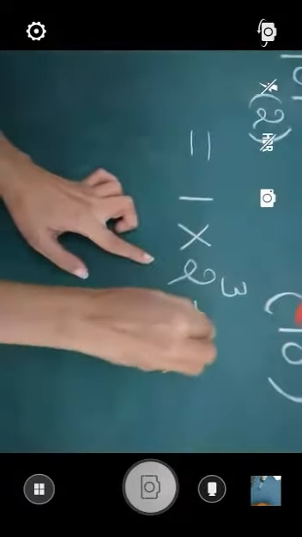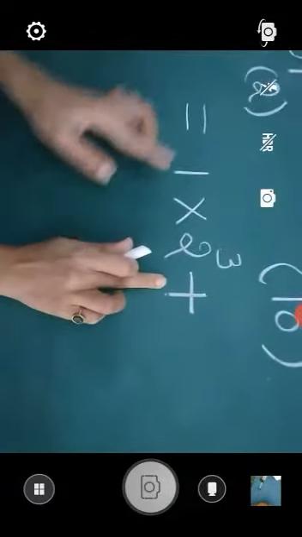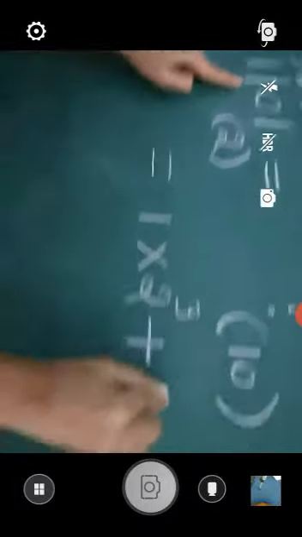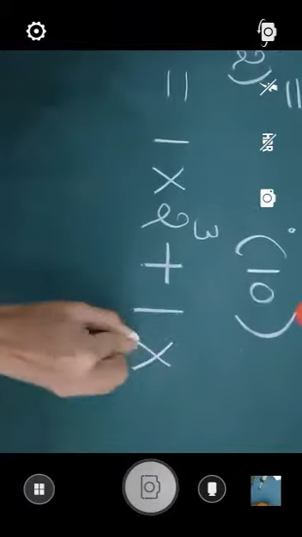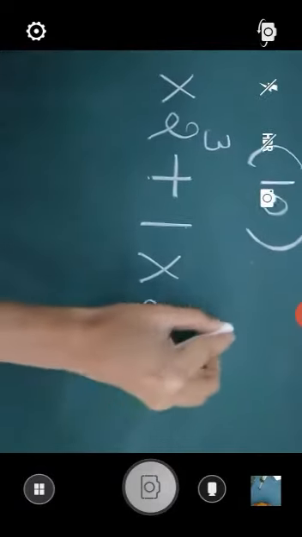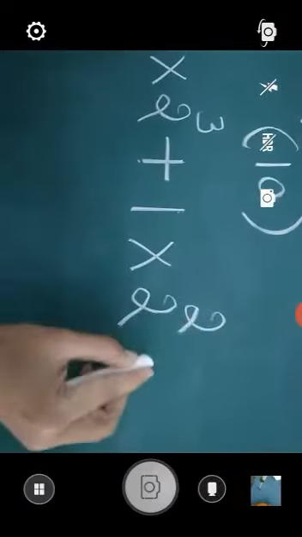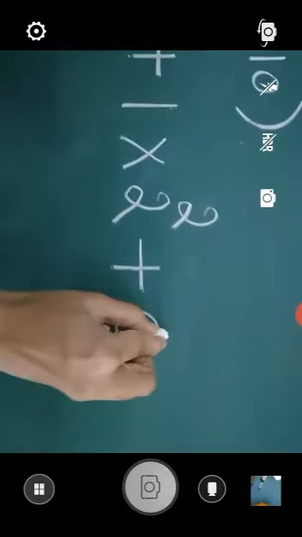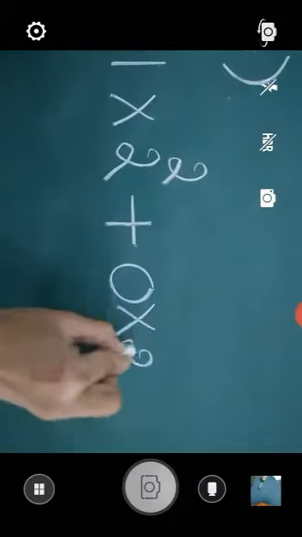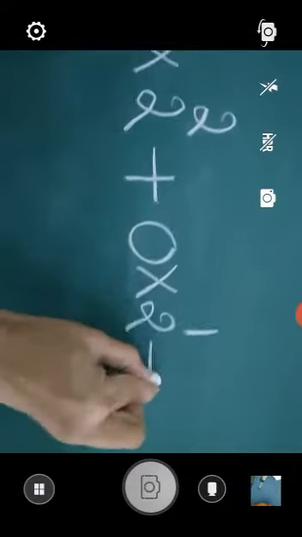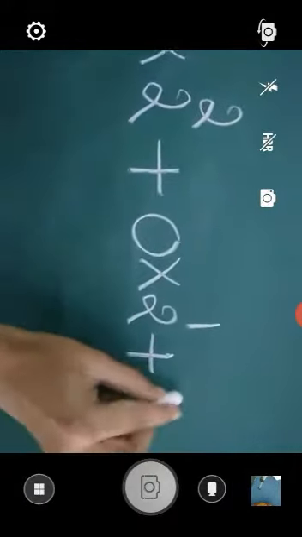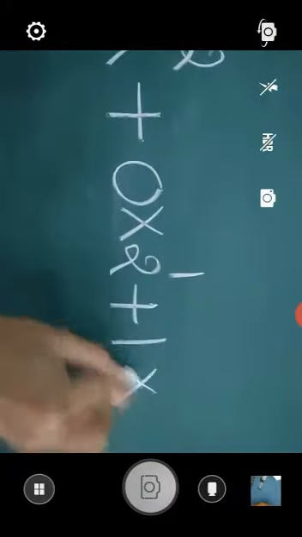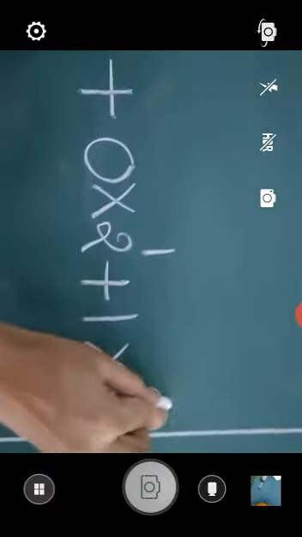So write down plus 1 into 2 to the power 2, plus 0 into 2 to the power 1, plus 1 into 2 to the power 0.